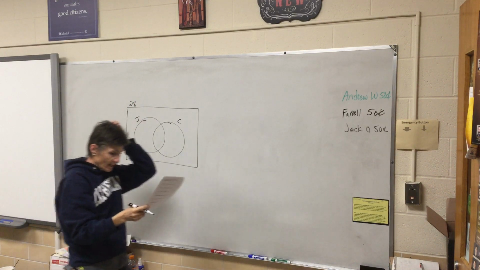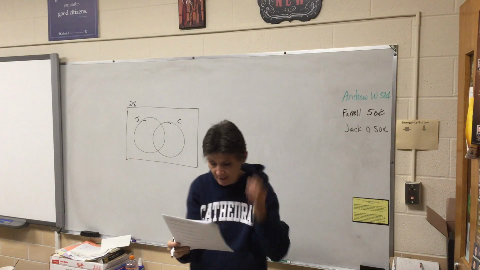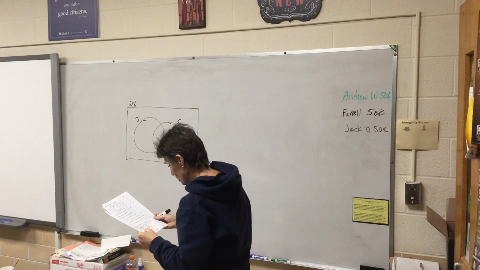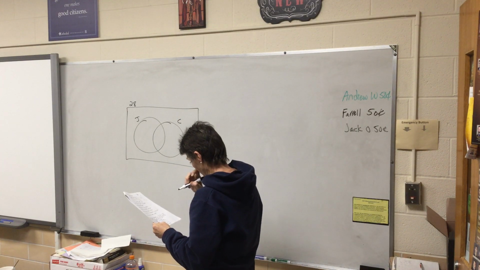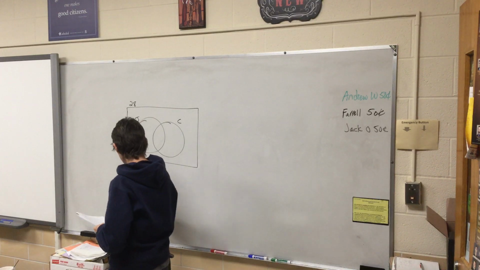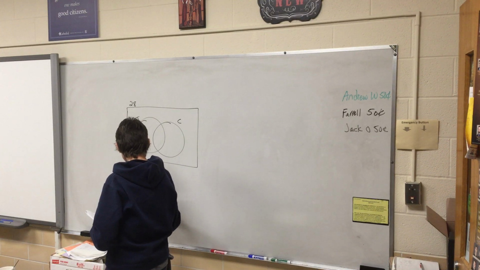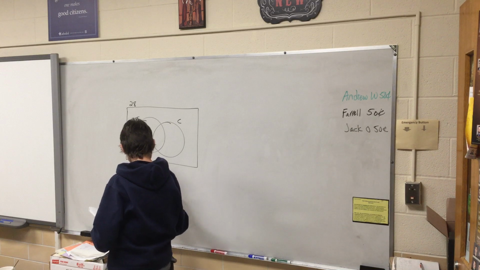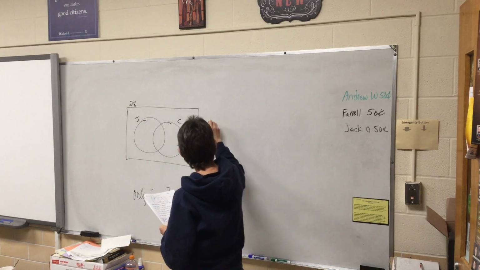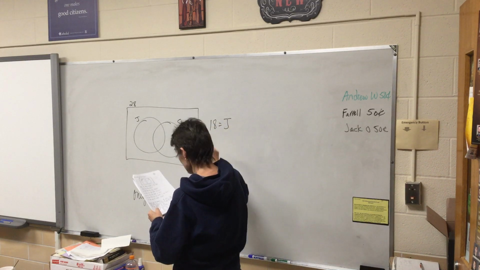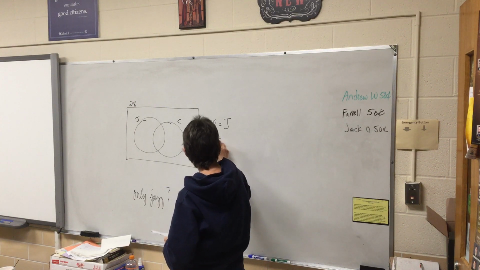All right, draw a Venn diagram showing the following. How many students like only jazz? And we know that we have 18 students who like jazz and 14 students who like country.